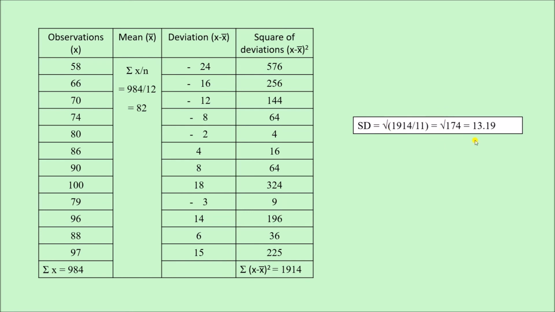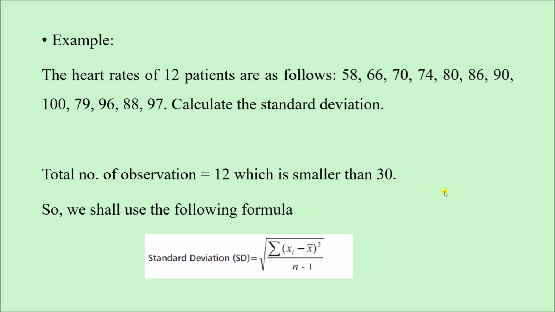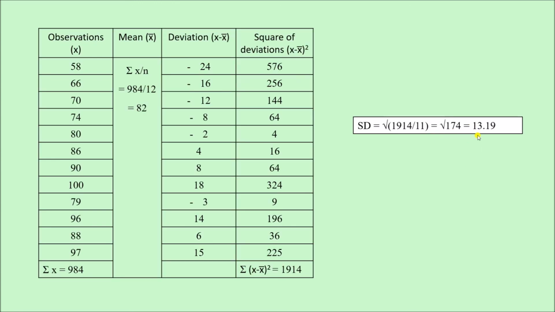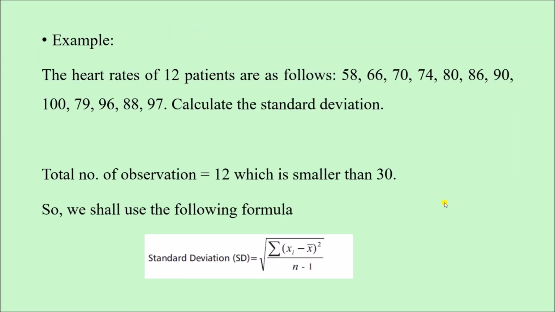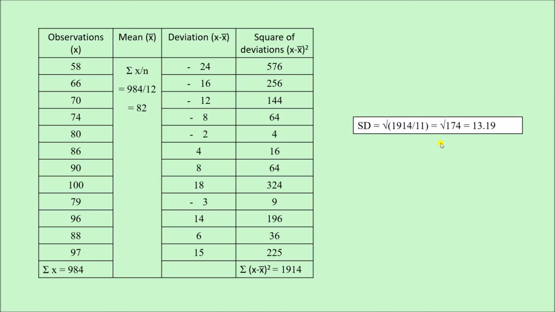So the value is approximately 13.19. So in the given data, we can say the standard deviation of heart rate is 13.19 per minute, or you can say beats per minute, because the unit will be same as the observations. So that is my answer.